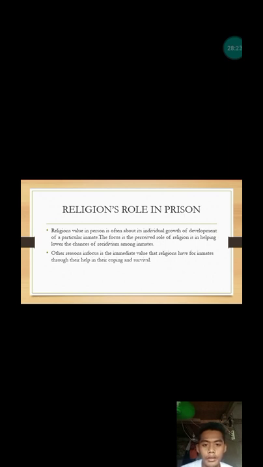So religion's role in prison is about the individual growth and development of particular inmates. It will focus on the role of religion, and it will also help lower their chances of recidivism among inmates.